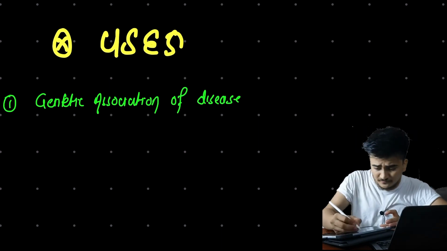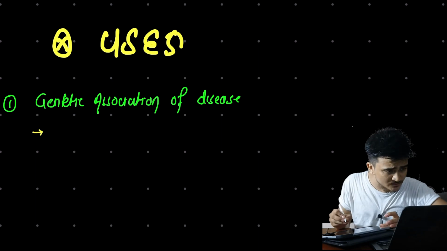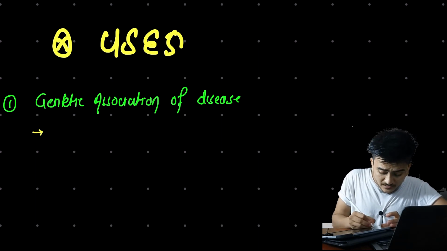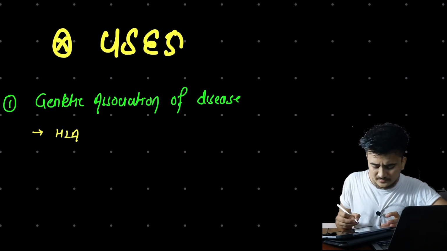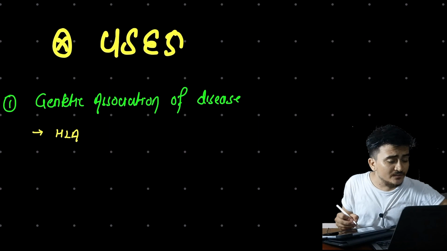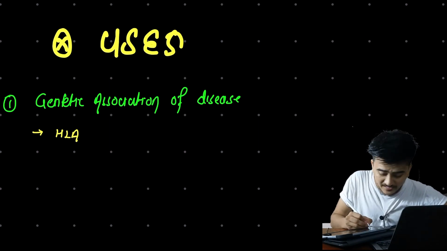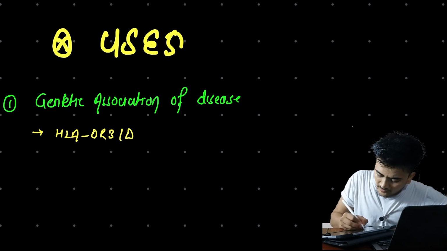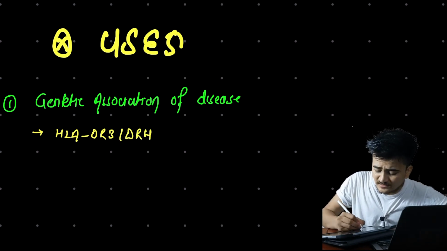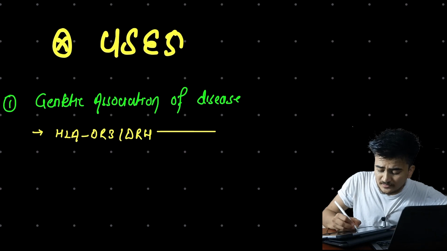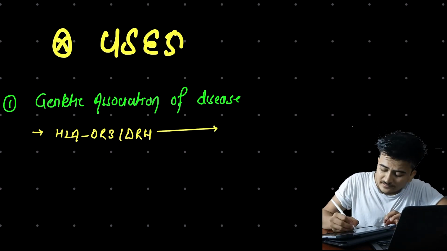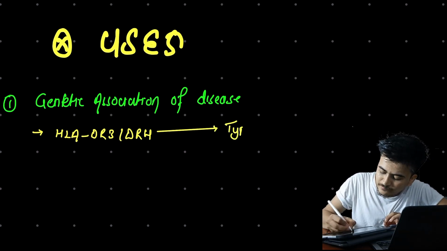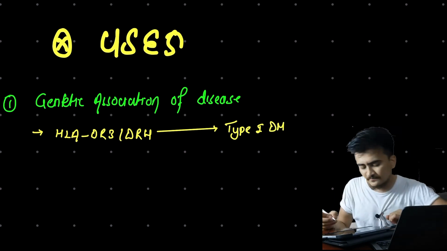Talking about genetic association of disease, where there is the presence of HLA DR3 or DR4 molecules, these are associated with a high chance of occurrence of type 1 diabetes mellitus.